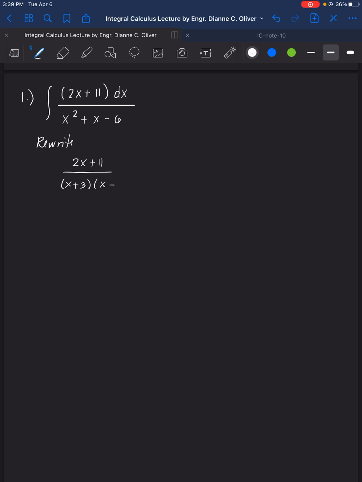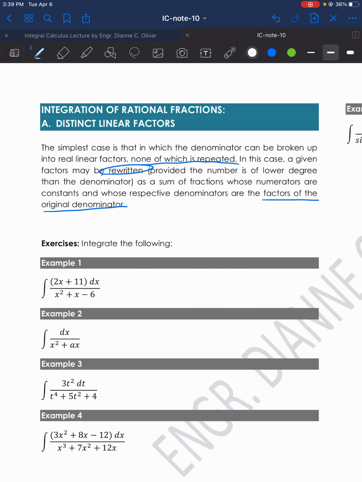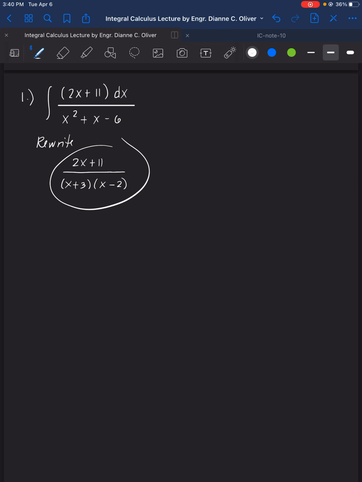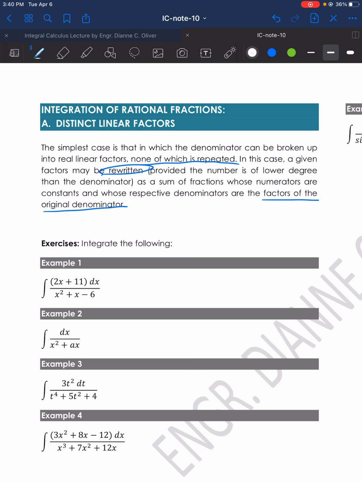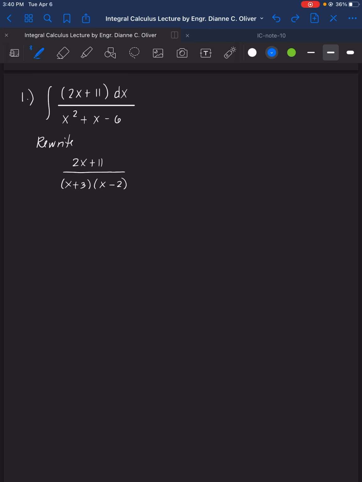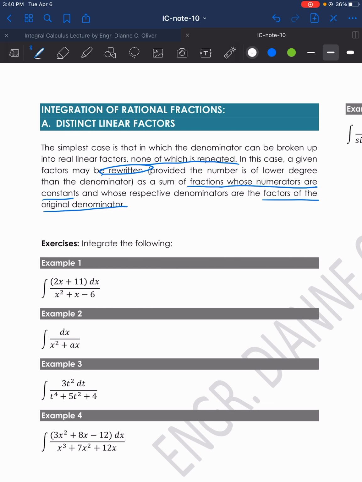So the other factor is (x - 2). Then, according to the description, this becomes the sum of fractions whose numerators are constants. So we will have numerators as constants, let's say A and B. And how about the denominators?